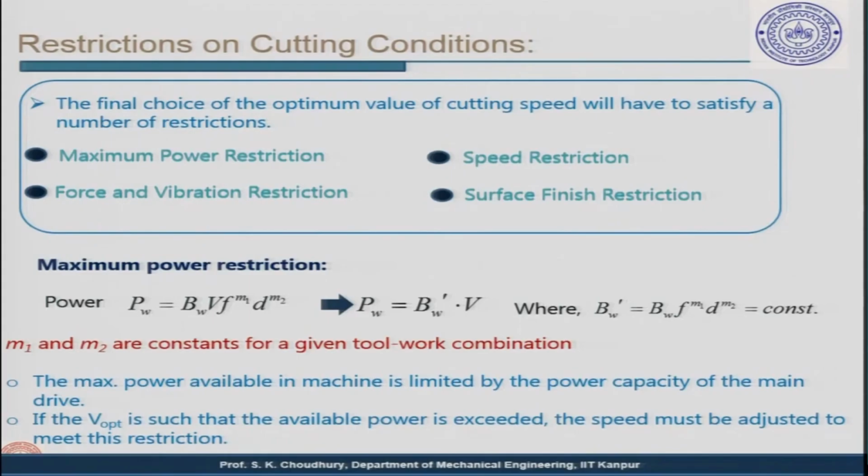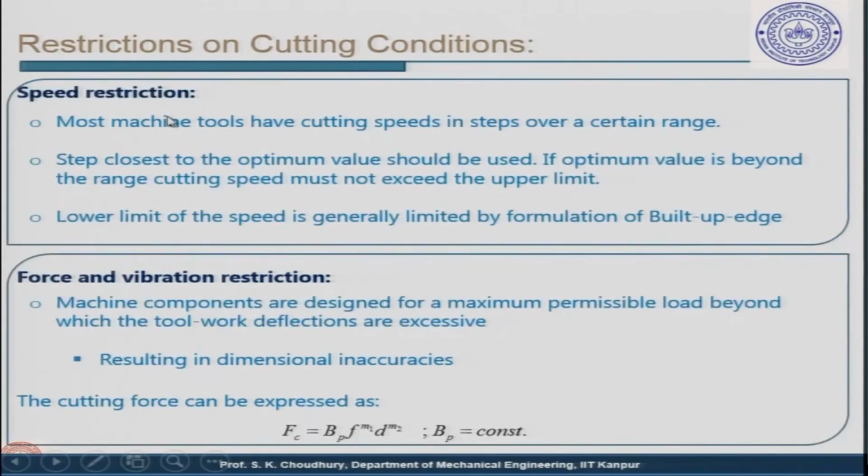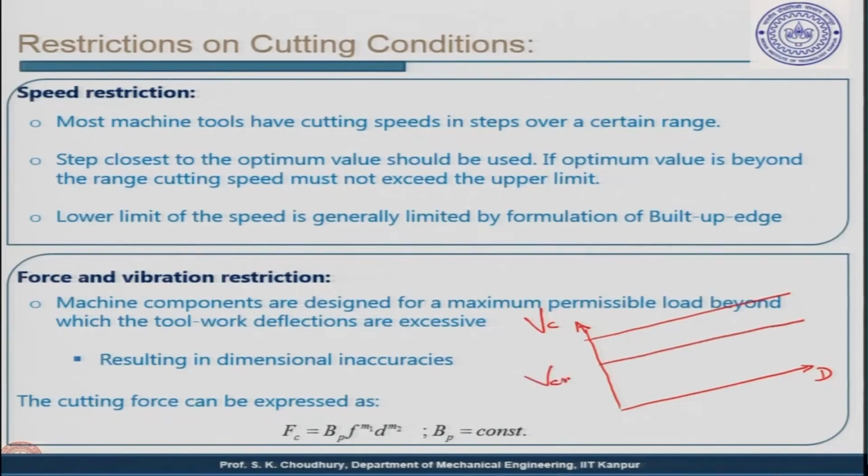That is the point. Next is the speed restriction. Most machine tools have the cutting speed in steps over a range. For example, if we have the diameter here and this is the speed, Vc we said. This is the maximum and this is the minimum, we have restriction Vc minimum and V maximum cutting speed Vc.